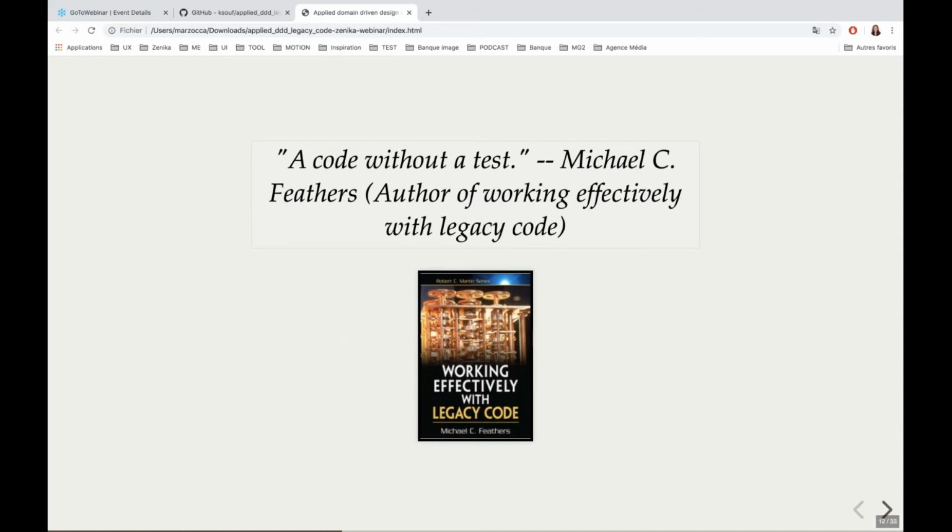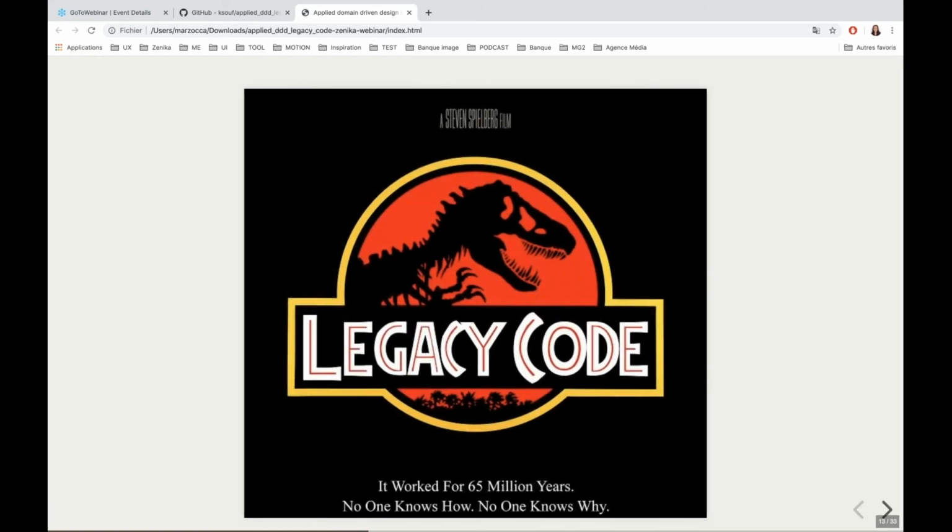I like this definition, but I have a better one. It's something that has worked for many years. No one knows how it works, and no one knows why it works, because sometimes you get a feature that deprecates all the stuff, so you don't know.